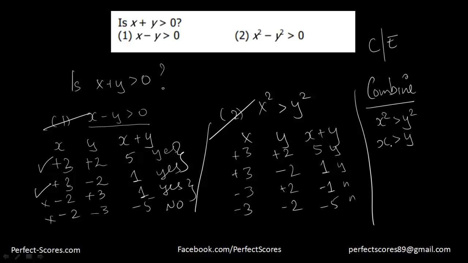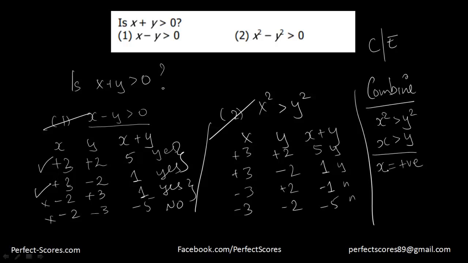This actually makes sure that x over here is definitely a positive number, something you can deduce from here. The only values satisfying both the facts here is x being positive. Because x square is greater than y square and x is greater than y, the only possibility is that x has to be a positive number.